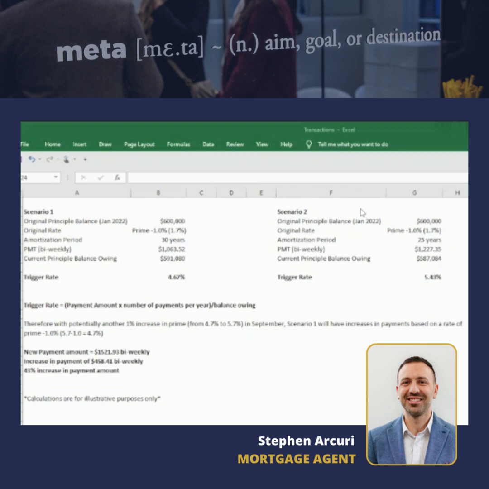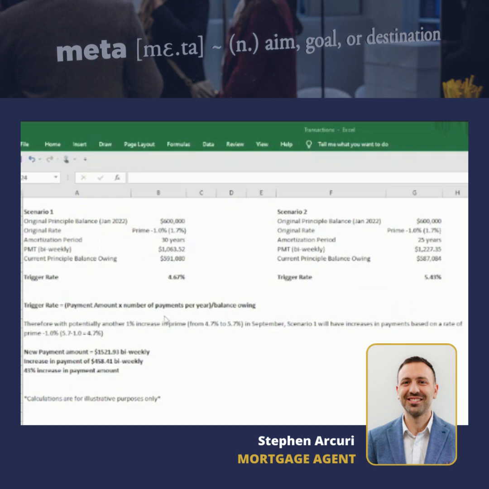That's based on the science behind a blended payment amortization schedule: the shorter the amortization period, the more of your payment goes towards principal right off the hop, as opposed to a 30-year mortgage. So in this case, just for argument's sake, the trigger rate is substantially higher, by 80 basis points or so.